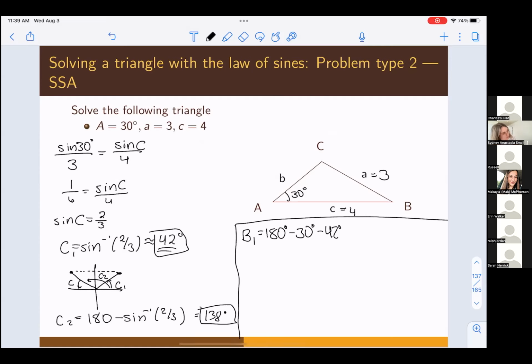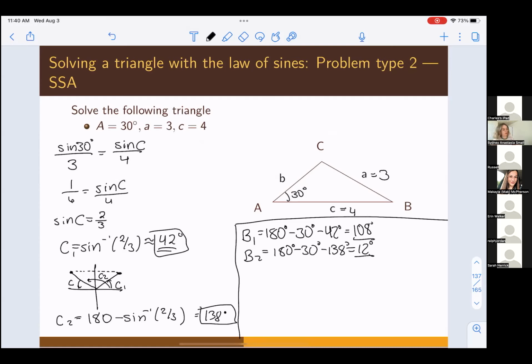That's what we got for C1, which is equal to 12. No, that one's not equal to 12. Shoot, that one's equal to 108. The other one, though, where B2 is equal to 180 degrees minus 30 degrees minus 138 degrees, that one is equal to 12 degrees.